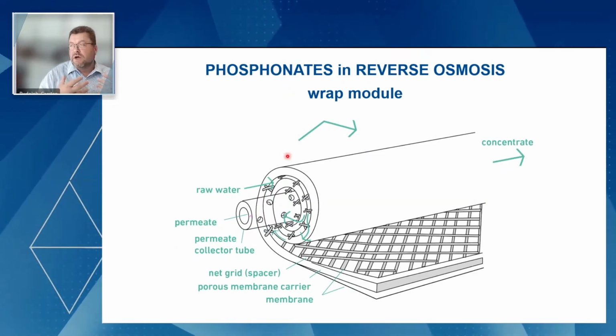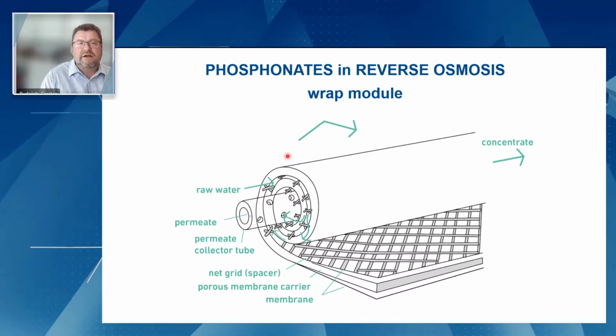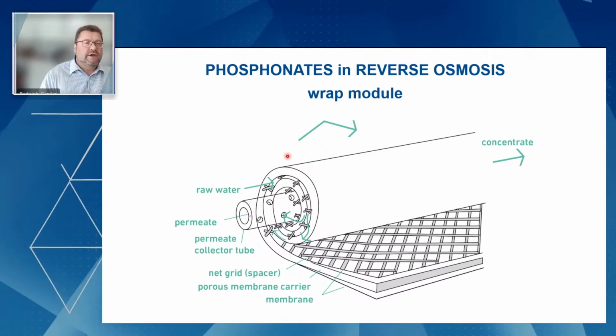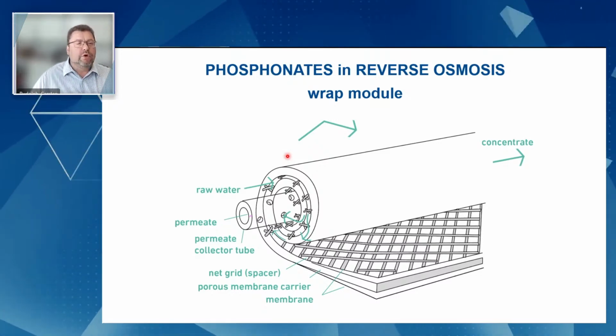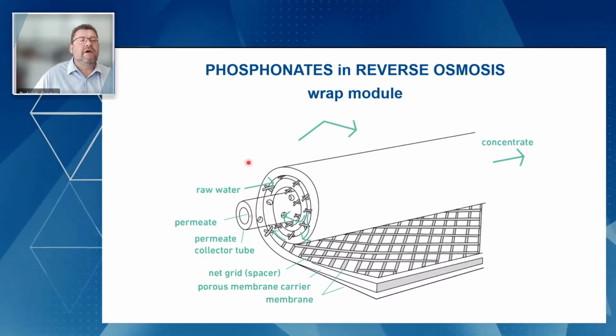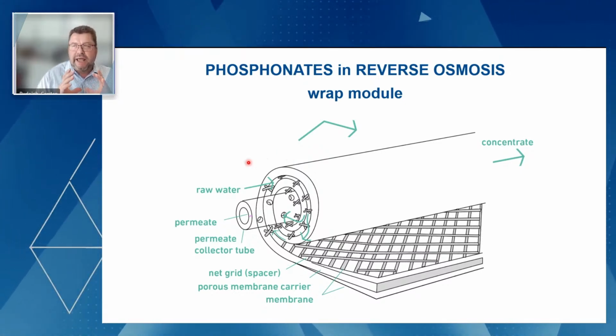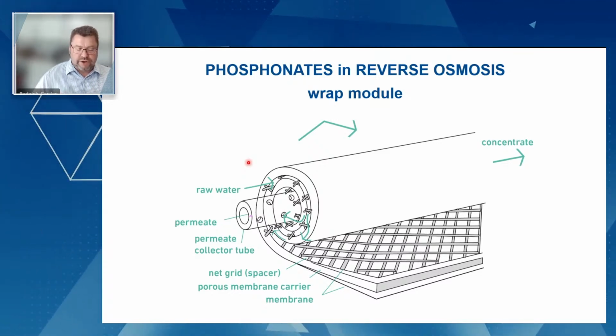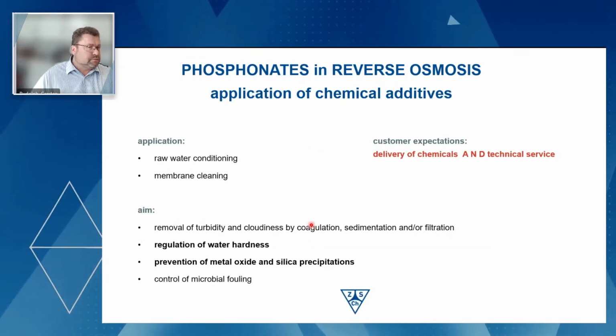For a lot of standard reverse osmosis applications, we meet nowadays the wrap models, called spiral wound models, where we have a high efficiency and high area of separation in a concentrated space. So this is how these spiral modules look like.